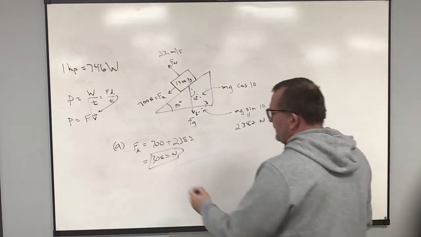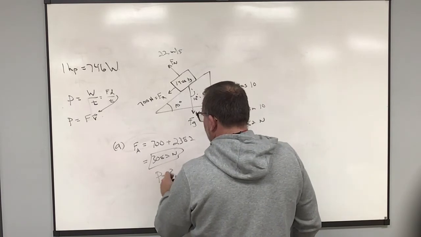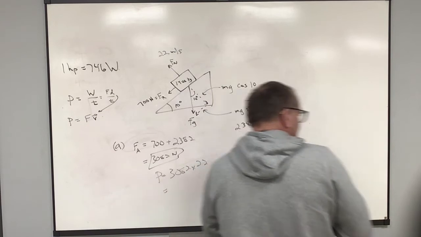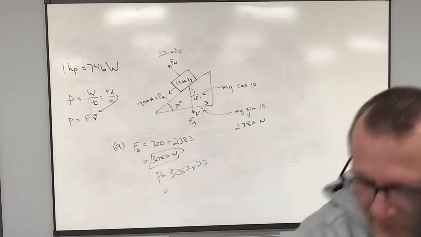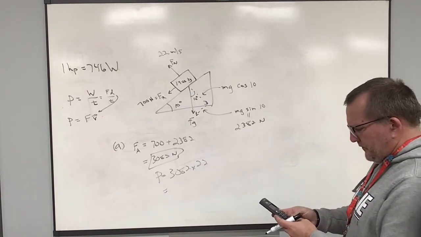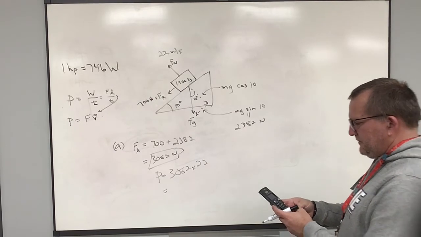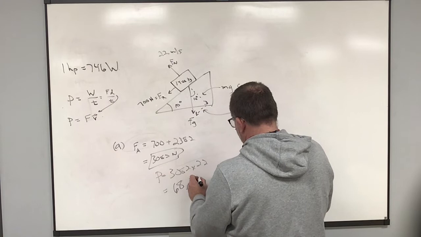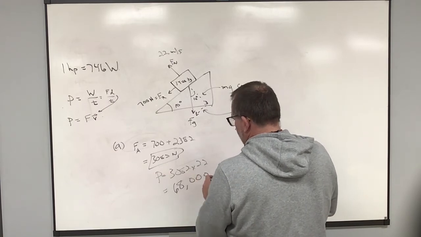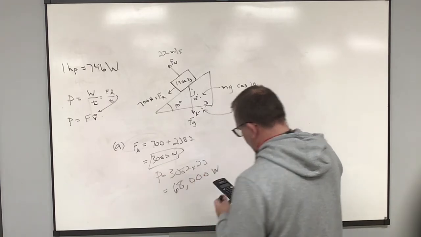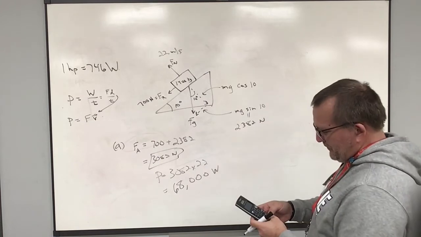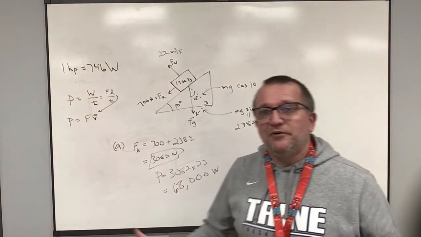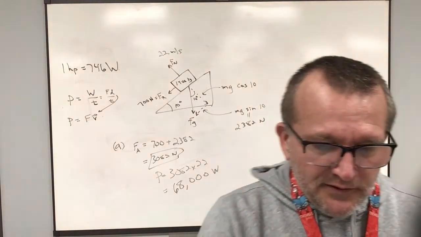So now to find my power, I just take 3082 times 22, and that would be my power. So 3082 times 22 is, giving it 2 sig figs, 68,000 watts of power. I divide that by 746, and that's how much horsepower, which would be about 91 horsepower to get that done. So that's part A.